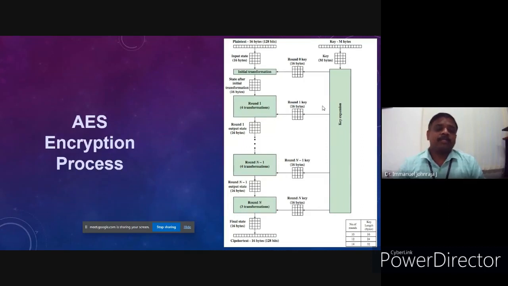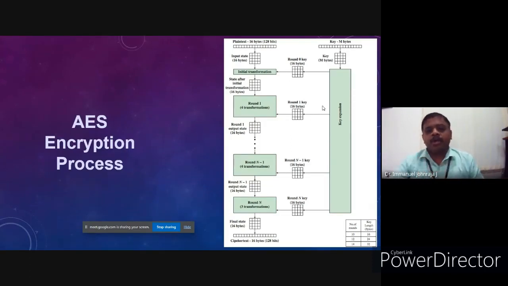It's not a key schedule, but in the case of DES, it was a key schedule where keys were generated, contracted, then expanded, then permuted, and then sent to every round. But here, a set of 128-bit or 256-bit keys is taken, and then it is expanded, and 16 bytes are given for every round.